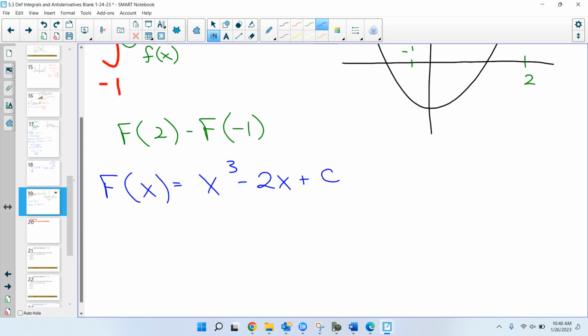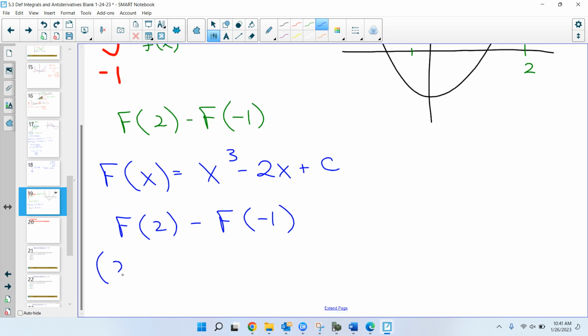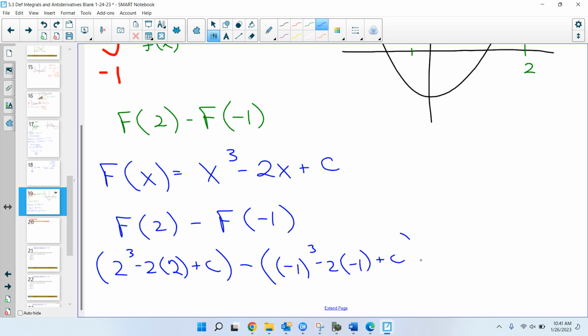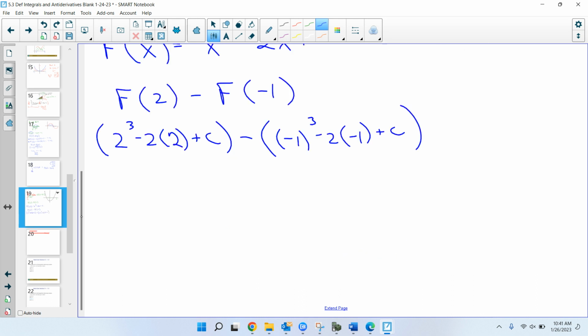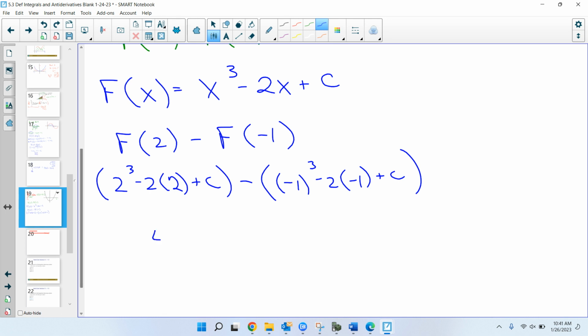Plug in 2. Plug in -1. Subtract. 2 cubed minus 2 times 2 plus c, minus -1 cubed minus 2 times -1 plus c. 4 plus c.